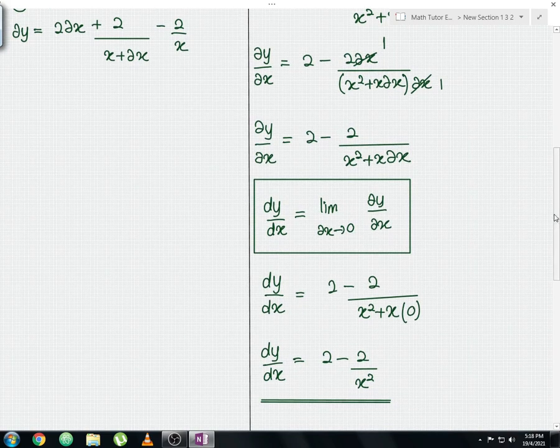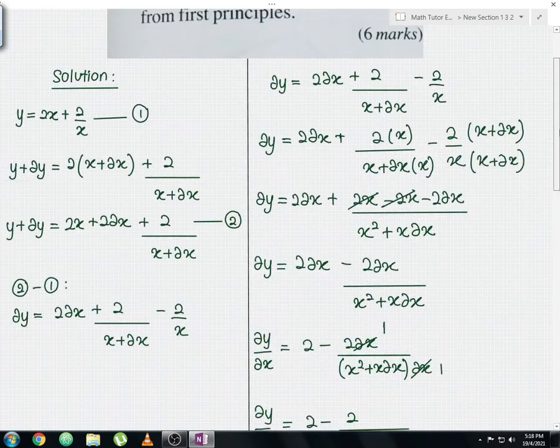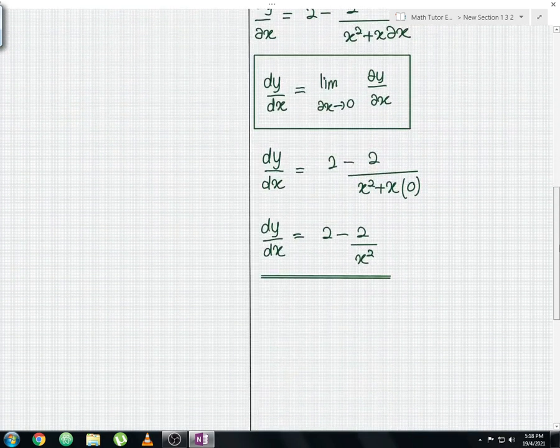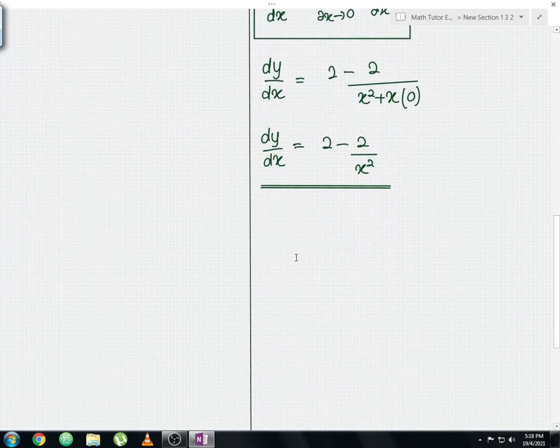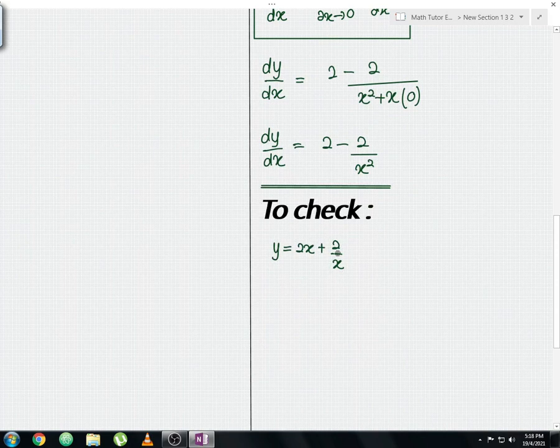This is your final answer, but in case you have doubt whether your answer is correct or not, we can try with the conventional method. Let me double check with the conventional method. This fraction, you move it to the top, so it will become y equals 2x plus 2x to the power of negative 1.